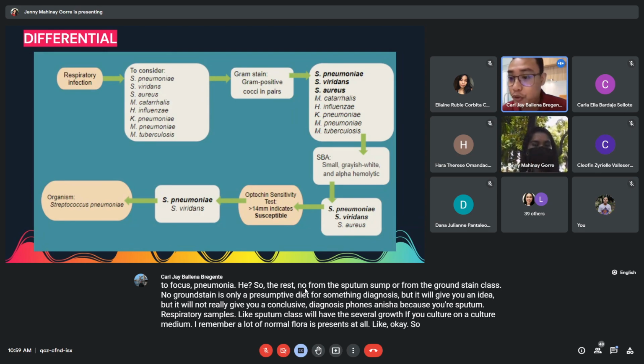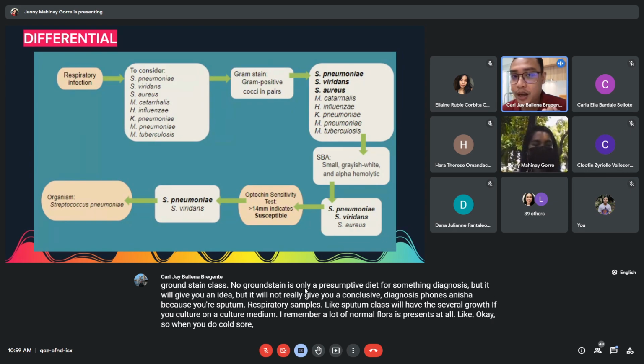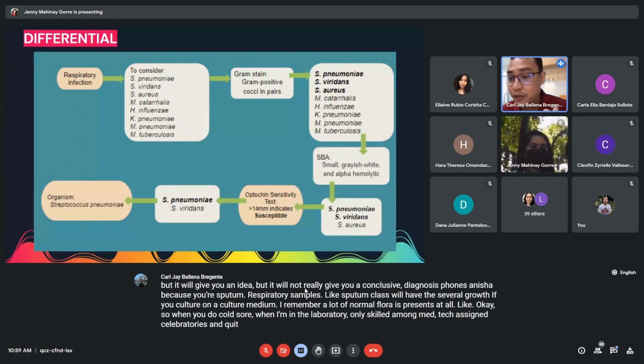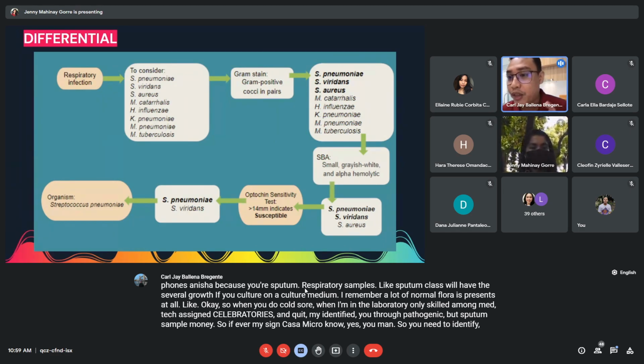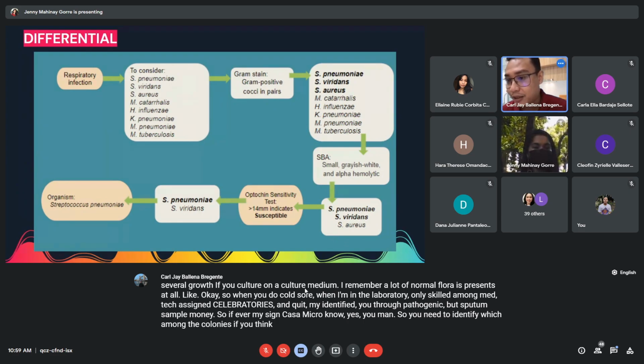So when you do culture in the laboratory, only the skilled medtechs assigned to the laboratories can identify a true pathogen in a sputum sample. It is the most difficult sample if you are assigned in micro, because everything you see will grow. So you need to identify which among the colonies you think is pathogenic to the patient. Okay?